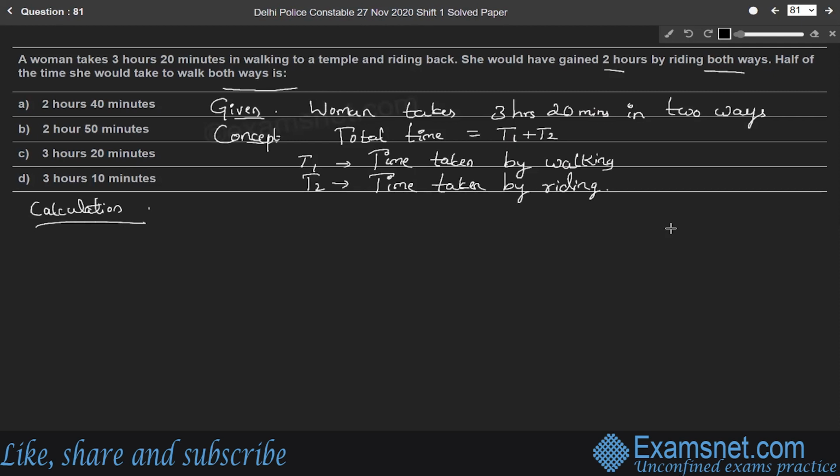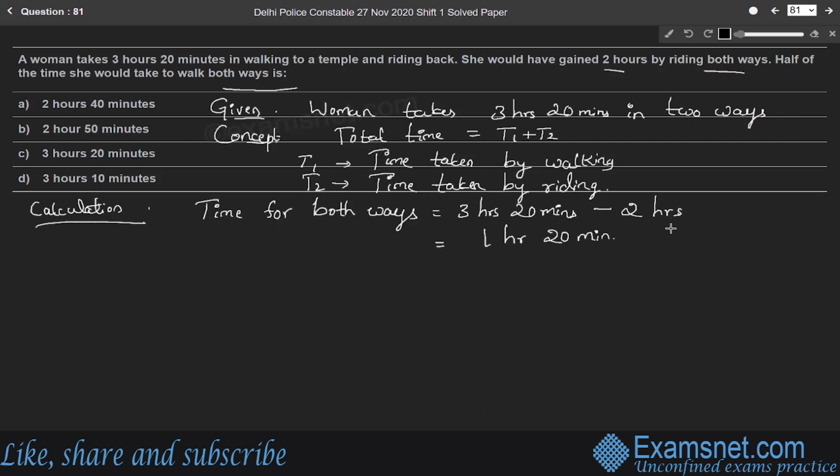So according to the question, she takes 2 hours less than actual if she rides both ways, right? So time for both ways is equal to 3 hours 20 minutes minus 2 hours, which is equal to 1 hour 20 minutes.